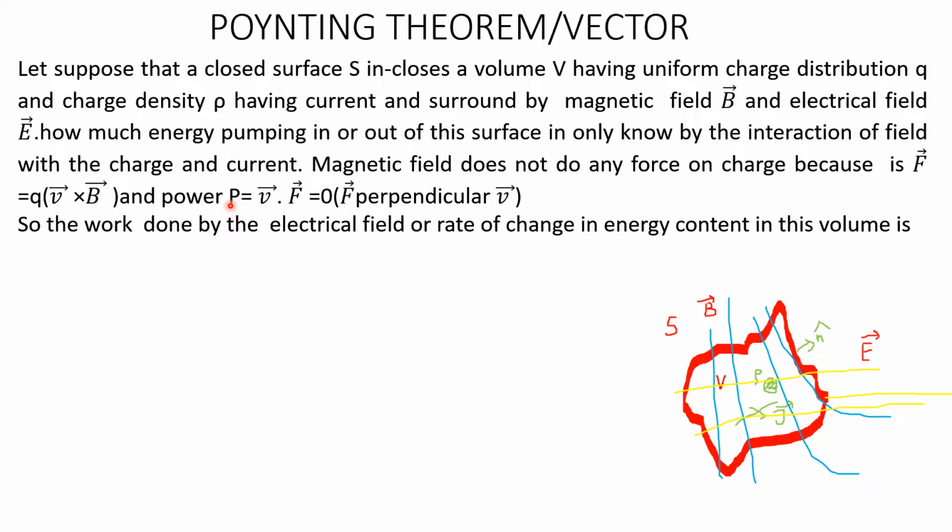Because power is equal to work upon time, and work is force multiplied by displacement. So displacement upon time becomes velocity, and because the velocity and the magnetic force are perpendicular to each other, their dot product becomes zero. So in such a situation, the magnetic field doesn't do any work on a charge. Only the electric field does work on a charge.